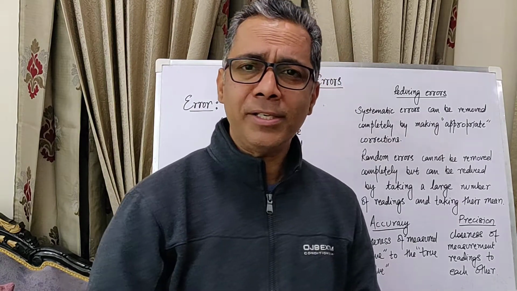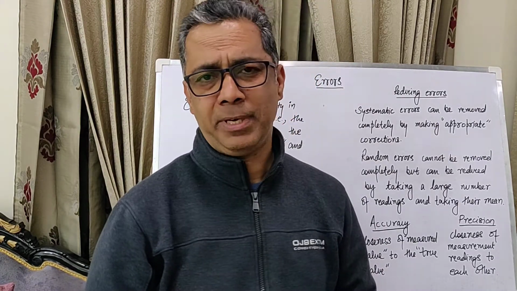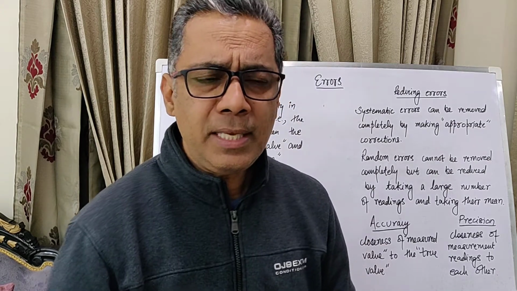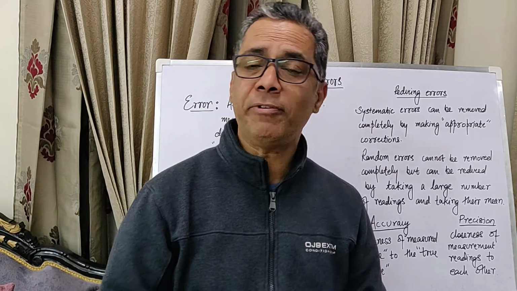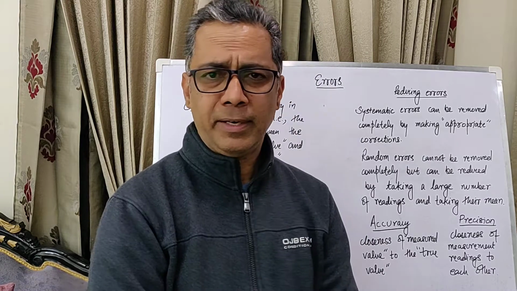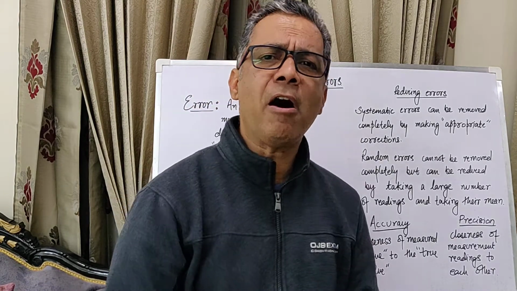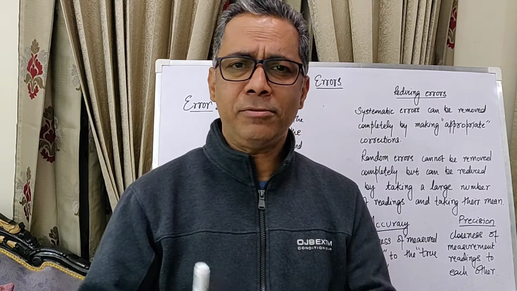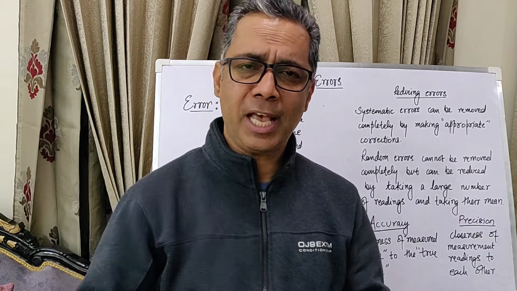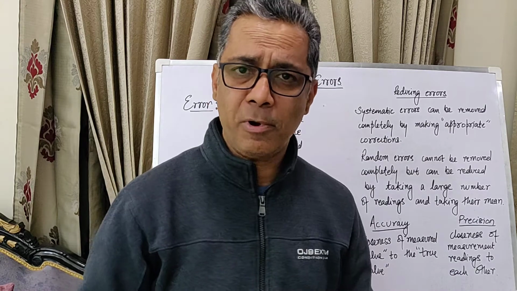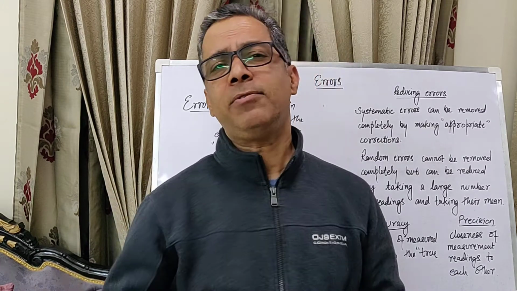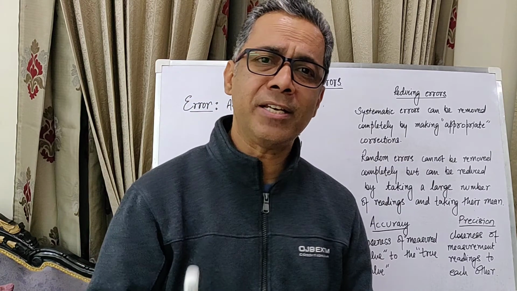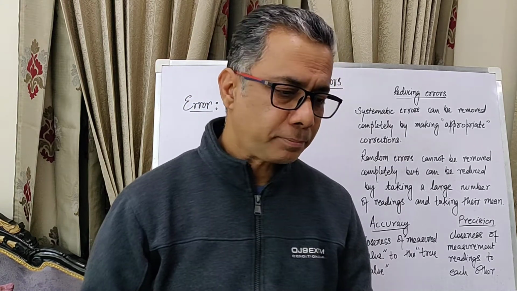Now, random errors cannot be removed completely from your readings, but these random errors can, however, be reduced quite significantly by taking a large number of readings. To reduce random errors, you take as large a number of readings as you possibly can, and then you take their mean and take the mean to be the representative true value.